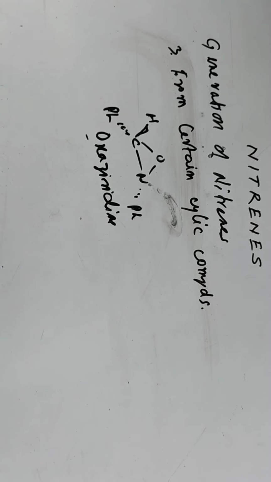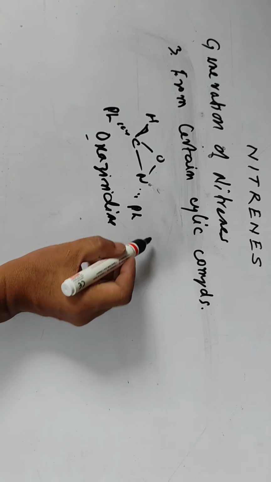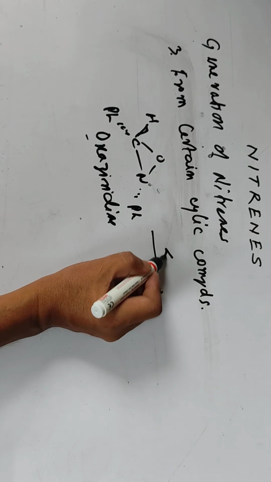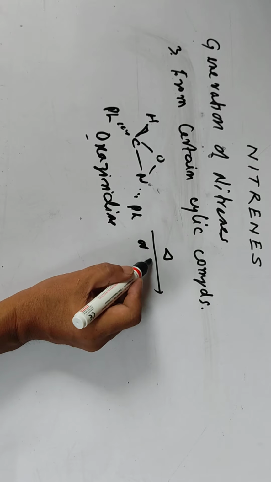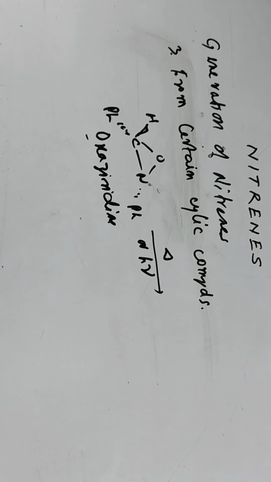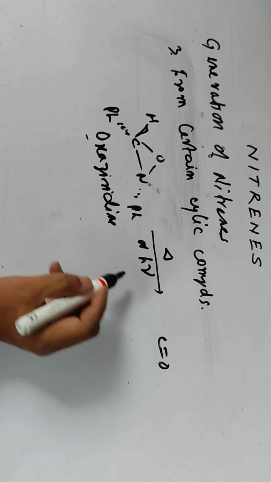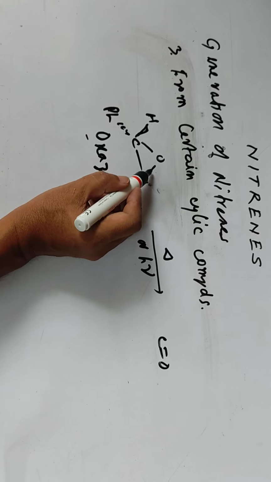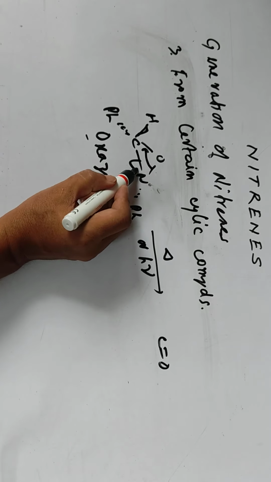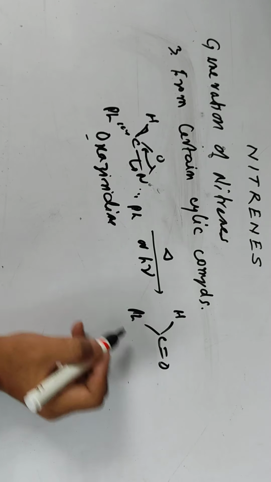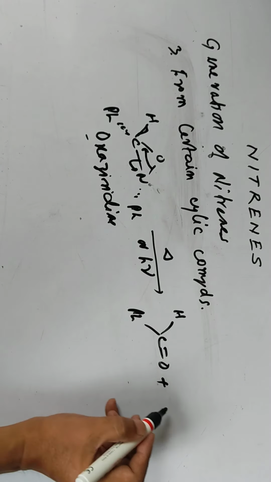So by pyrolysis, by heating or by photolysis, these compounds give C double bond O. This will go this way, and this will go like this. Here you have hydrogen and phenyl, benzaldehyde goes off, plus this nitrogen.